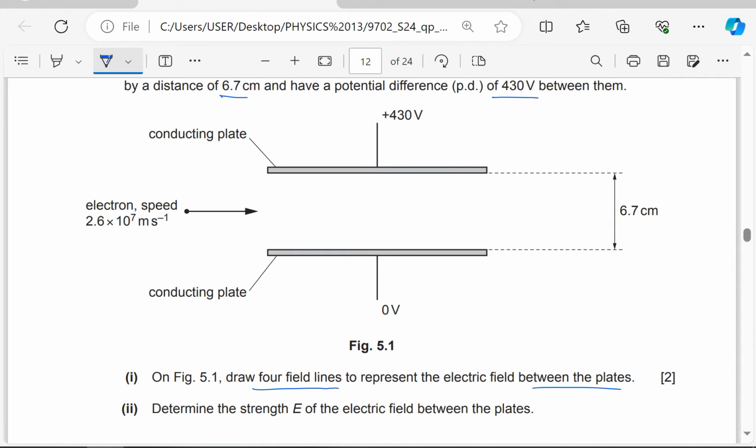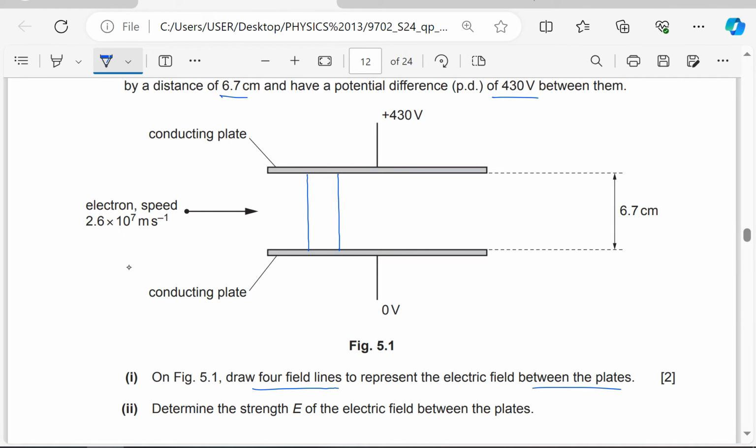So I'm going to take some measurements to ensure that these field lines are equally spaced. Let me draw my first field line. That is 1, 2.